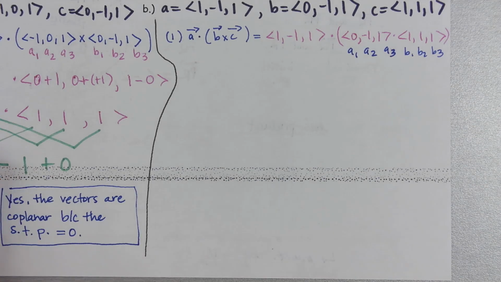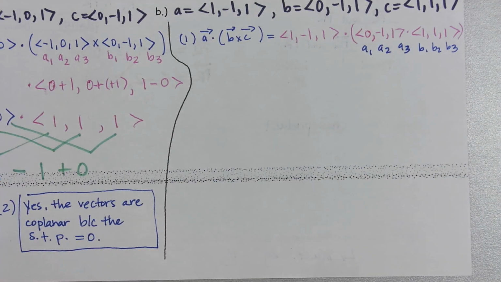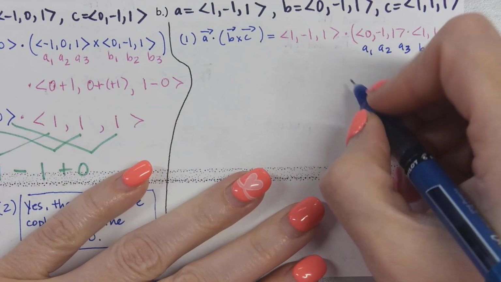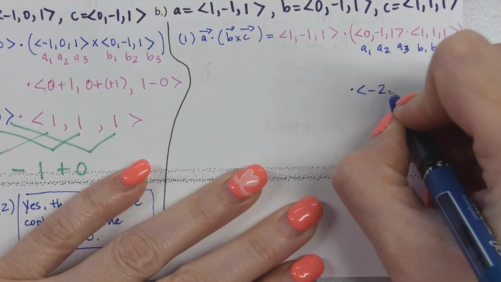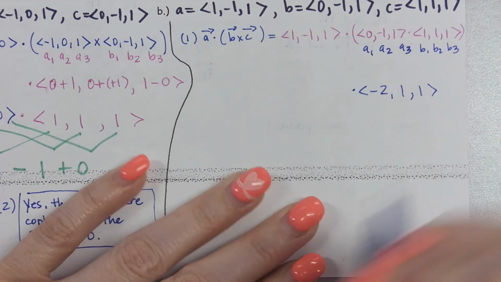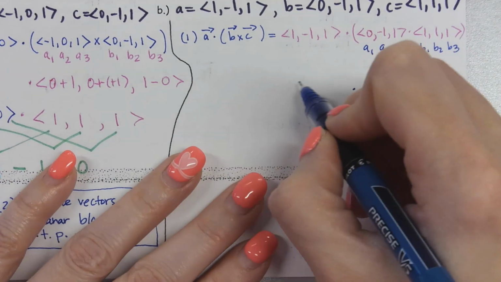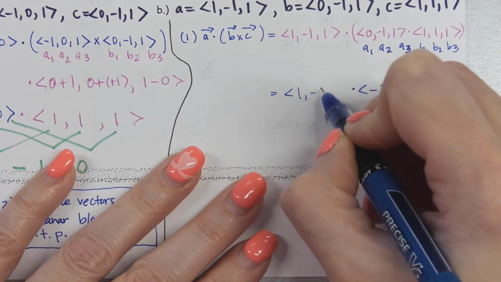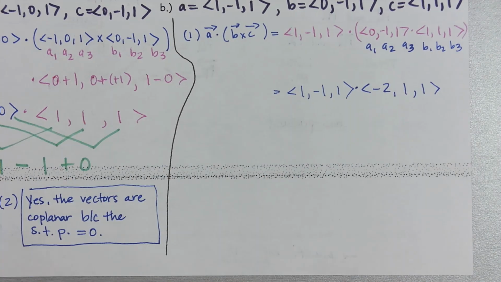Okay, and then, Katie, would you let me know what you got for your cross product? I got -2, 1, 1. Good, -2, 1, and 1. Then we're going to do the dot product with 1, -1, and 1.